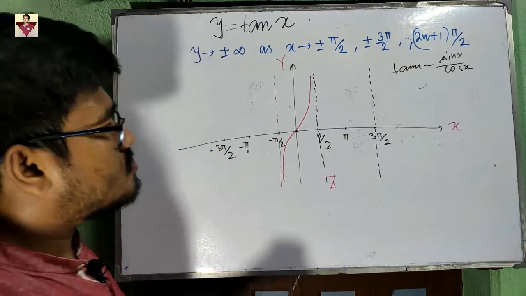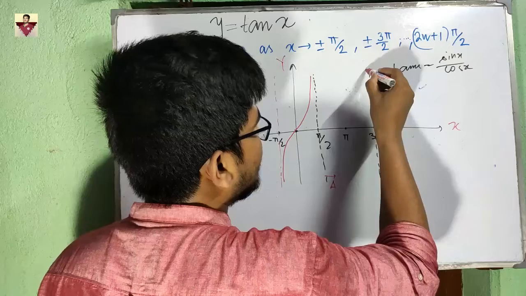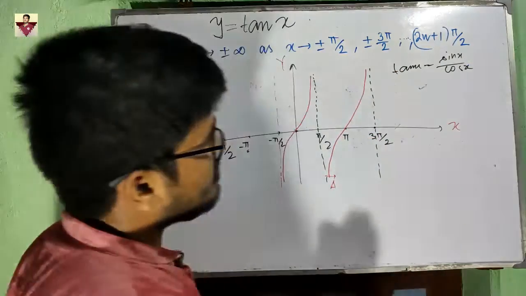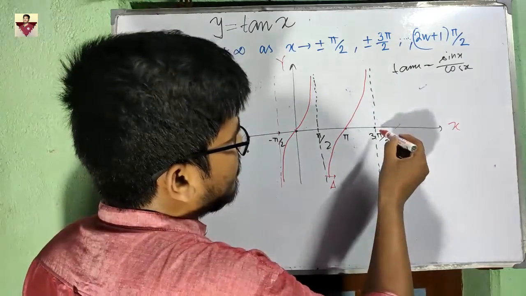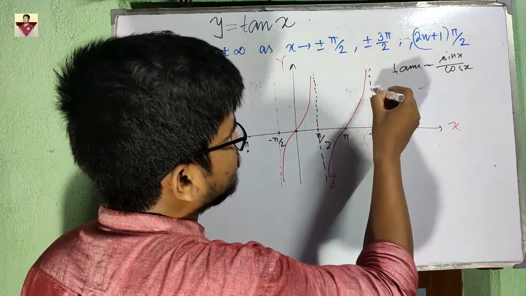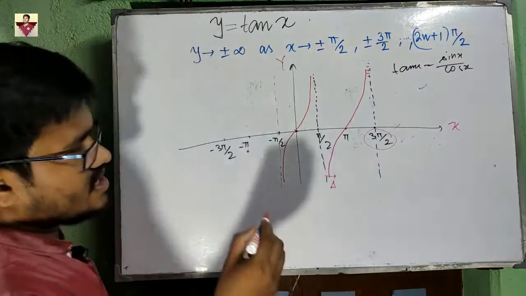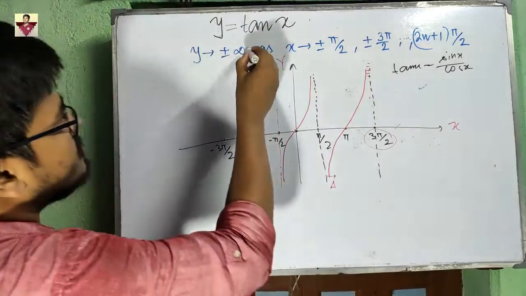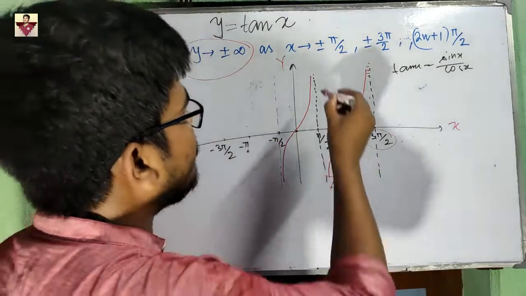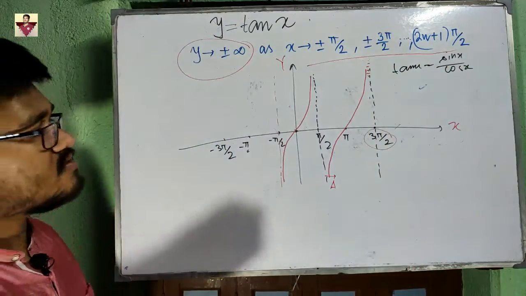Now what happens for the region from pi by 2 to 3 pi by 2? Here also the curve is like this. Here you can see x equal to 3 pi by 2 is an asymptote, as the perpendicular distance goes on decreasing at x equal to 3 pi by 2. So y equal to plus minus infinity conditions are satisfied for these particular points. So these are all the asymptotes corresponding to this graph.